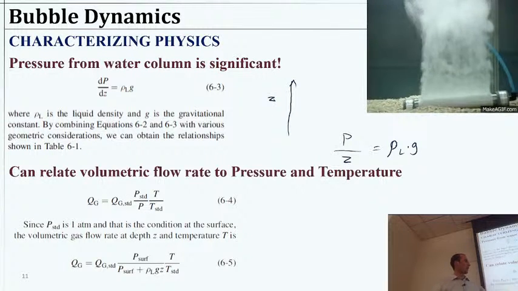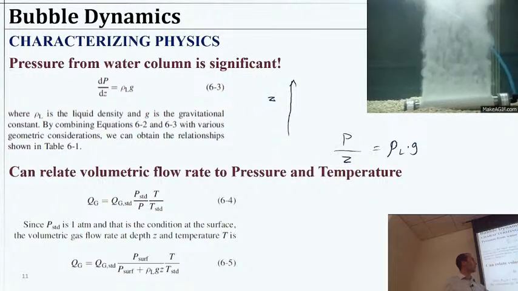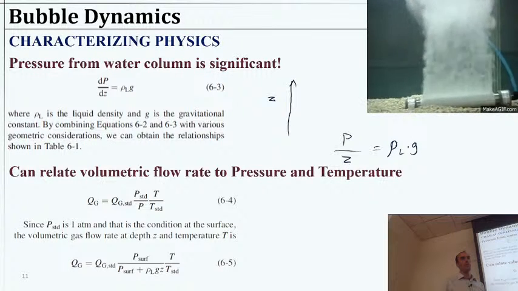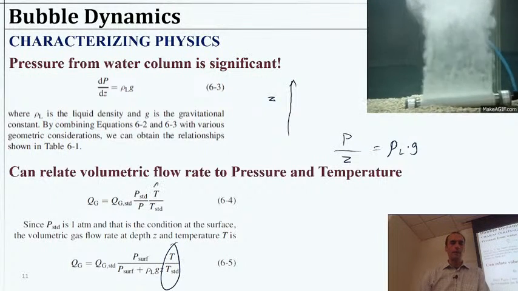this will be the pressure at the surface times the temperature, so the numerator is staying the same. And then down here, instead of just having the pressure, we could say it's the pressure plus whatever depth we're at, essentially. So this little piece, the T over T standard, that's staying the same.